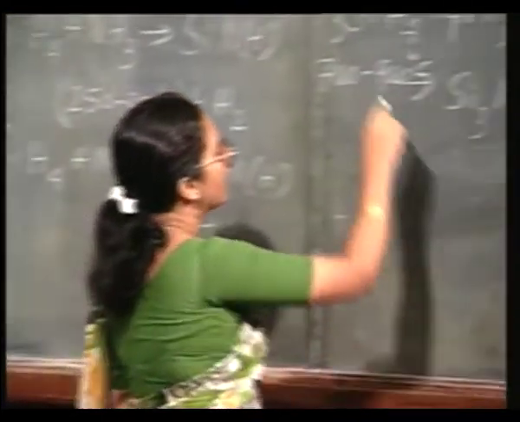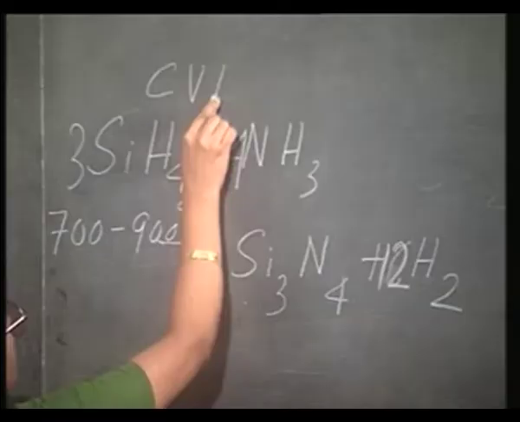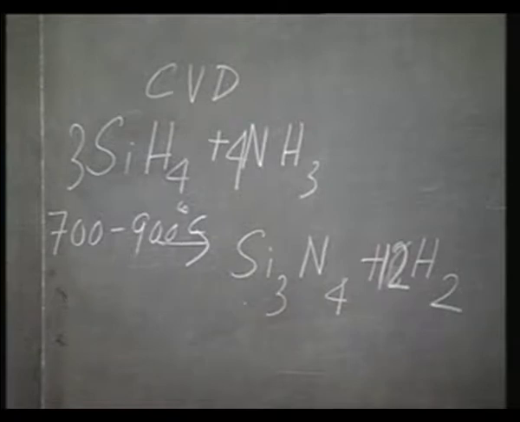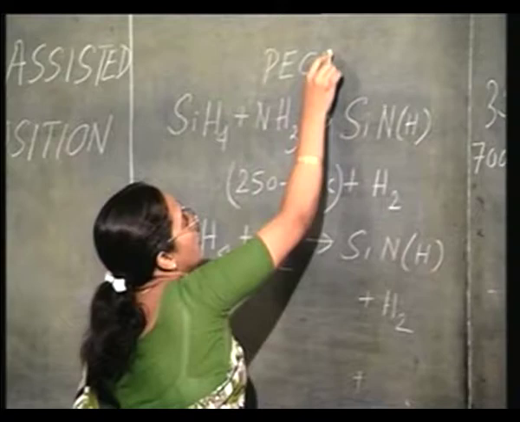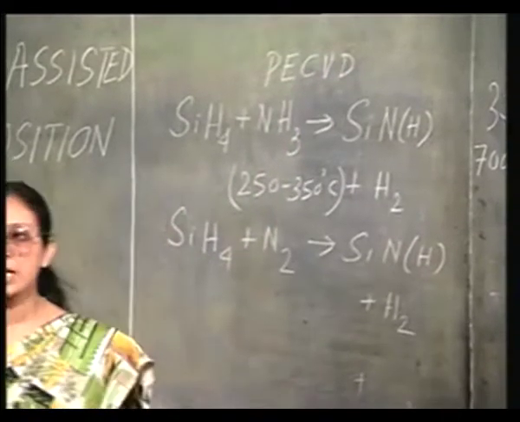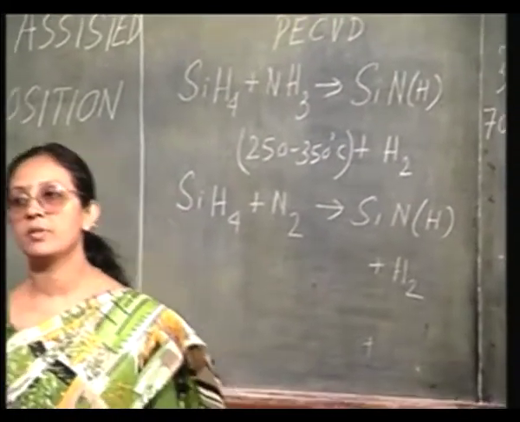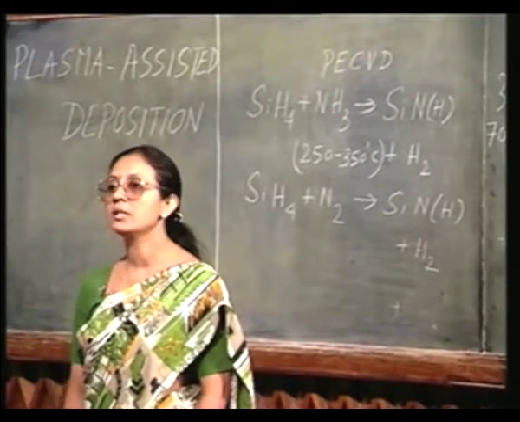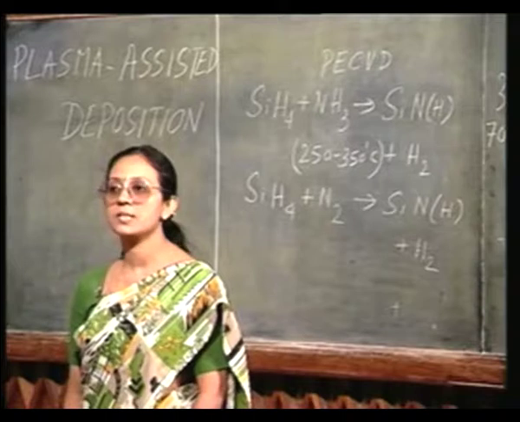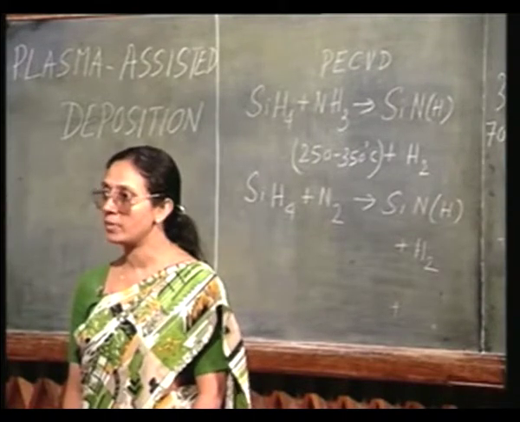So, this is actually favored for CVD, and this is what happens in case of PECVD or plasma enhanced chemical vapor deposition. Plasma assisted deposition is normally termed PECVD, plasma enhanced chemical vapor deposition.